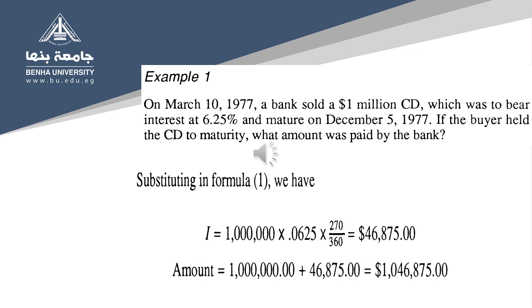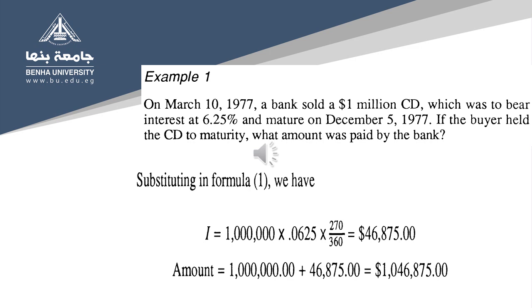So the time must be exact time, but for the year we must use banker's rule, ordinary interest. So this problem uses exact time and ordinary interest, you must notice that very closely.